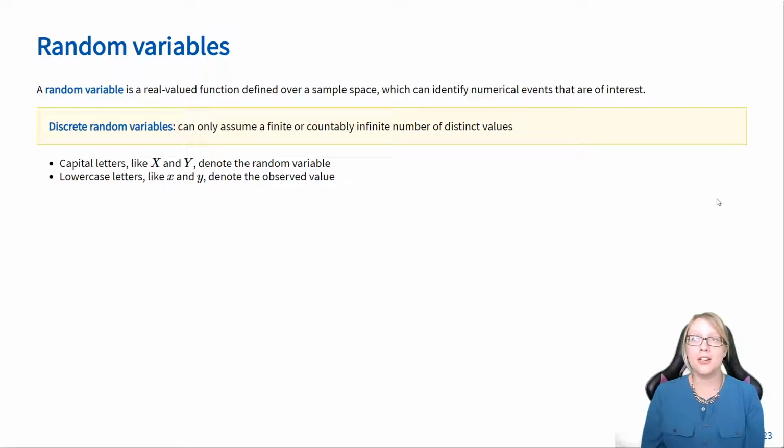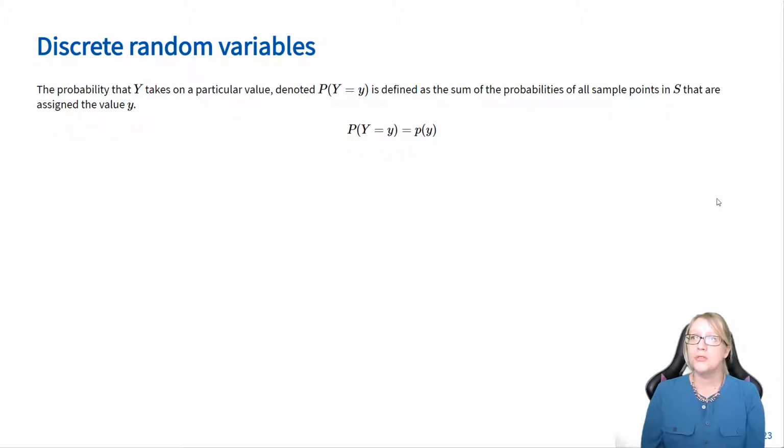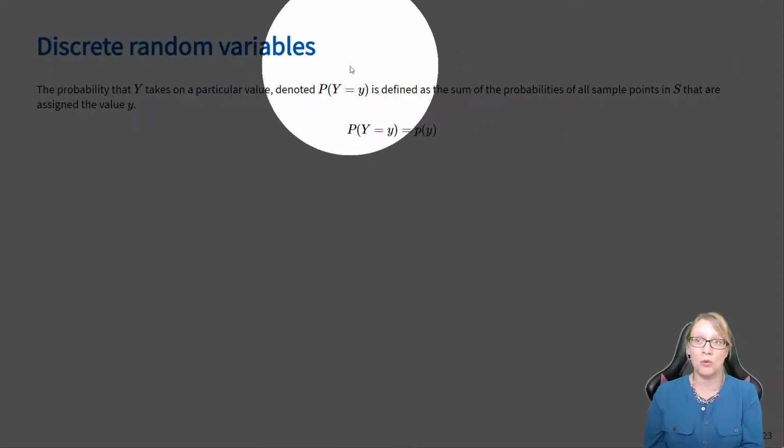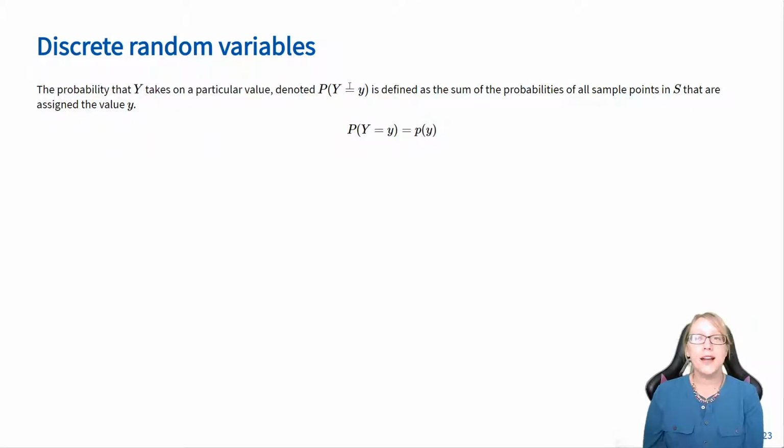We'll use capital letters like capital X, capital Y to denote the random variable, and lowercase letters like little x, little y will denote the observed value of the random variable. So for discrete random variables, the probability that capital Y, the random variable, takes on a particular value, which we will denote as the probability that Y equals little y, is defined as the sum of the probabilities of points in the sample space S that are assigned the value y.